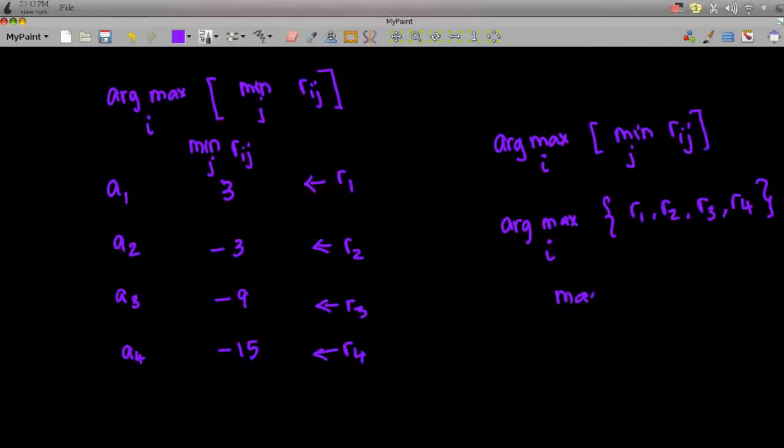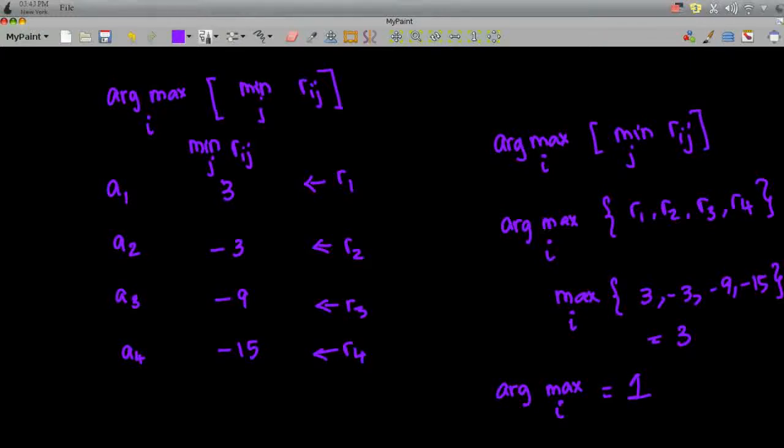The rewards are 3, negative 3, negative 9 and negative 15, and the maximum of that is just 3. But we're looking for the argument that resulted in the maximum. Therefore, the argmax of i would just be the action that resulted in this maximum, which has an index of 1.